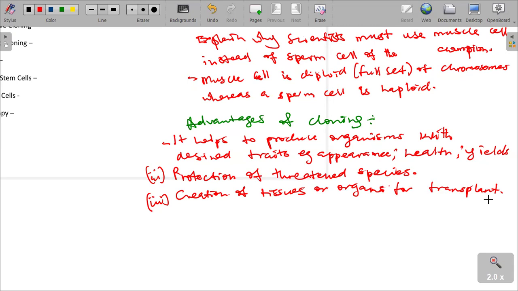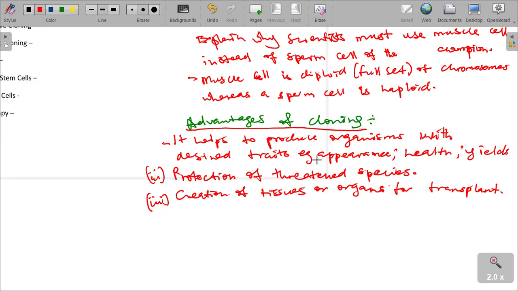Therefore, it is an advantage. These advantages of cloning are not asked in this question that we've been doing now, but I've just put them through for the class to take note of and to understand what is happening.